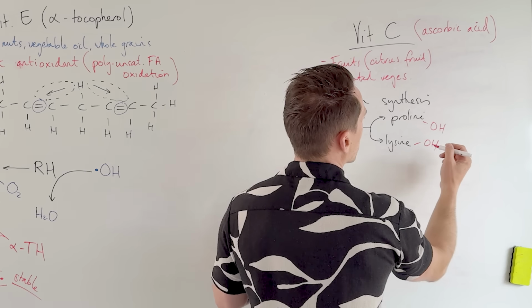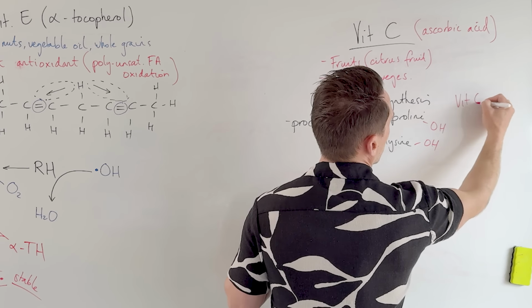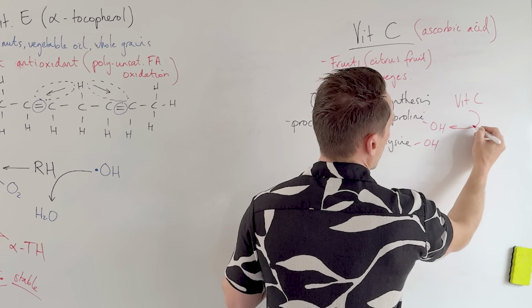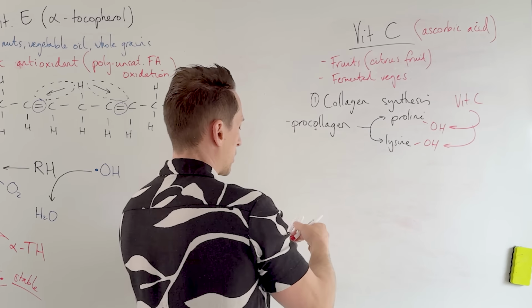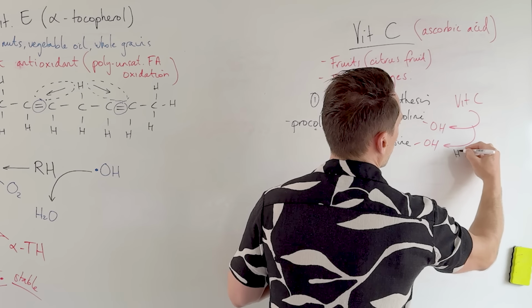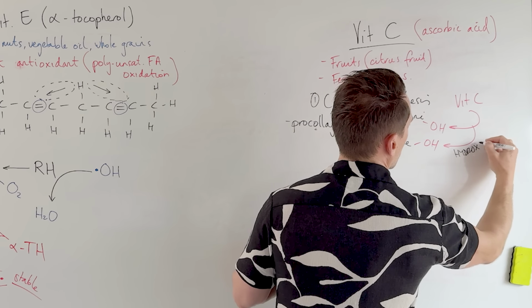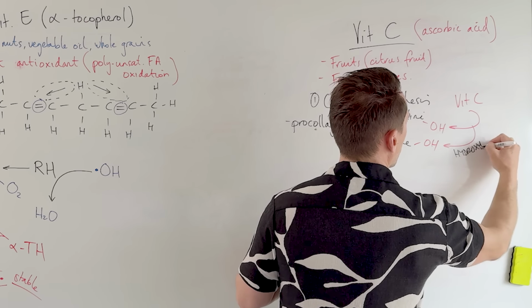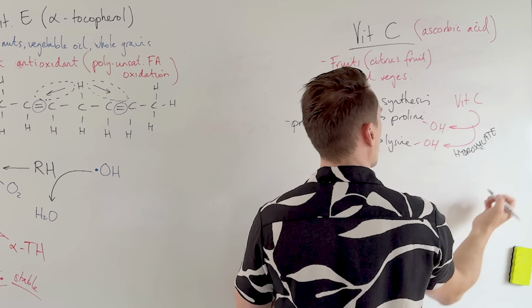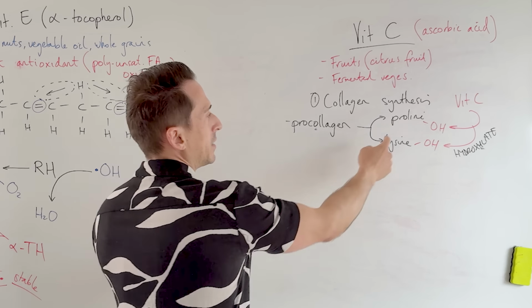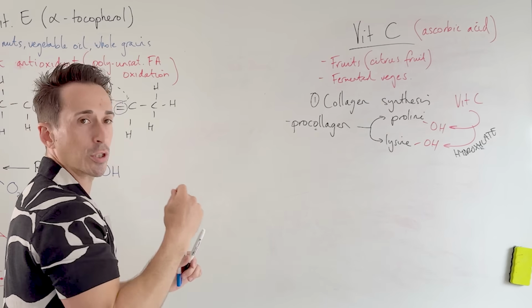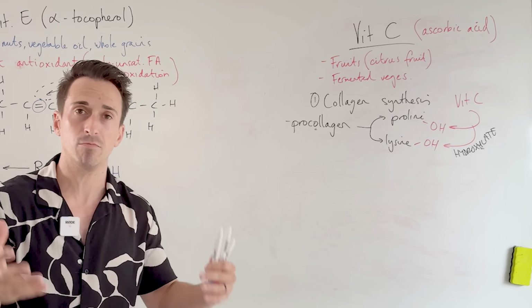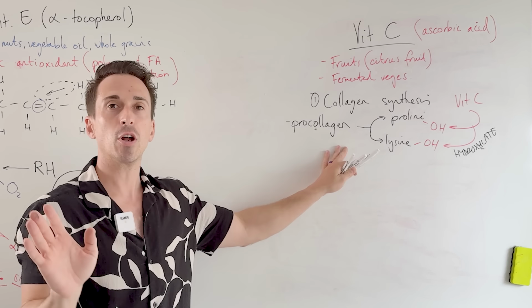And what do you think does that? Vitamin C. Vitamin C comes along and helps hydroxylate these amino acids to turn procollagen to collagen. Now we've got mature collagen. Without it, you don't get mature collagen.